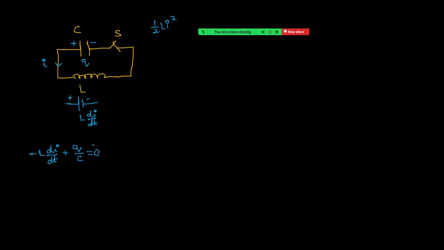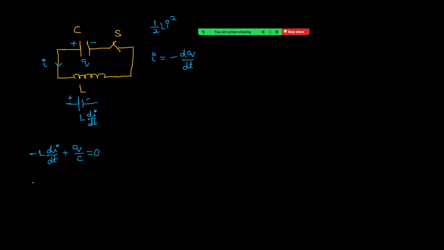Next, current is equal to minus dq by dt because the capacitor is now discharging. The capacitor discharging means Q is decreasing. Therefore dq by dt itself is negative. Negative of negative is positive.